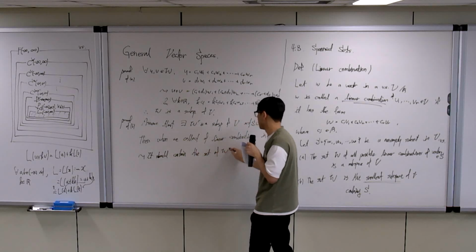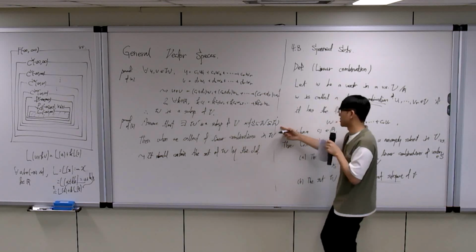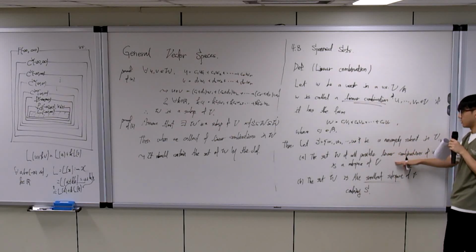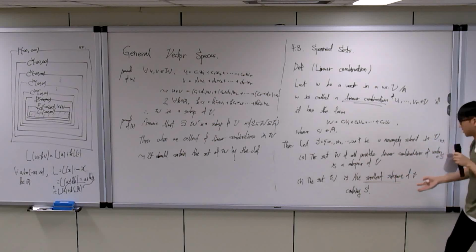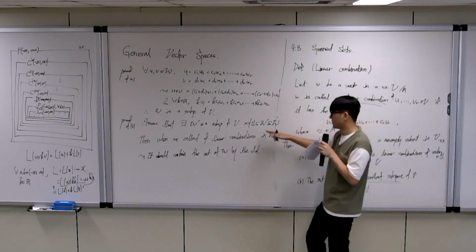by the definition of W, because we gathered that W is the linear combination of S, all possible linear combinations.